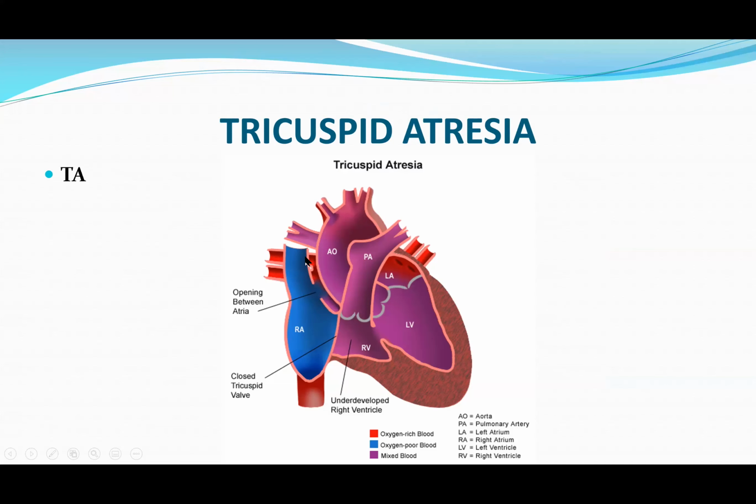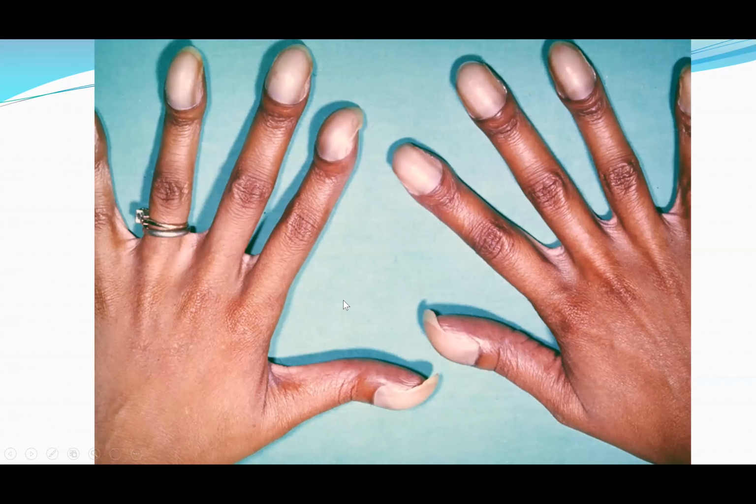And then at a later time, the surgeons will go in and put a graft from here to the pulmonary artery, and then this will pump to the body. These patients will also need transplant, like Lisa that I was talking about. This is a patient who developed clubbing from Eisenmenger syndrome. Yeah, they were born blue.